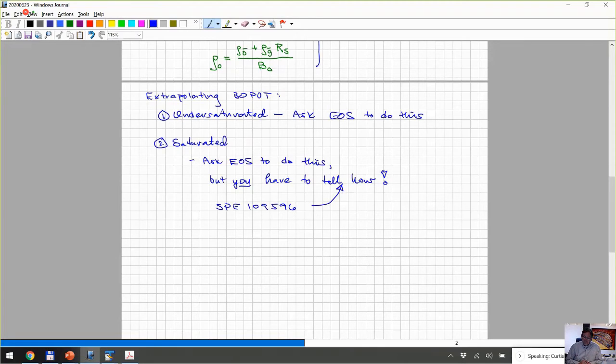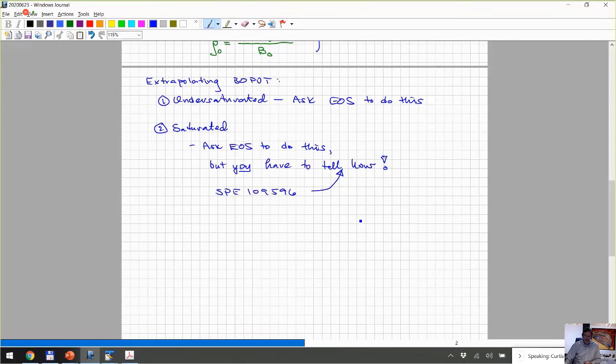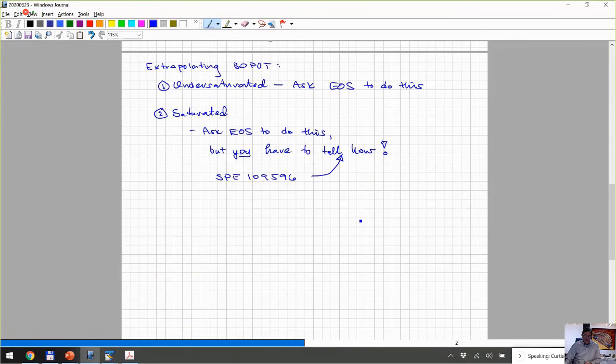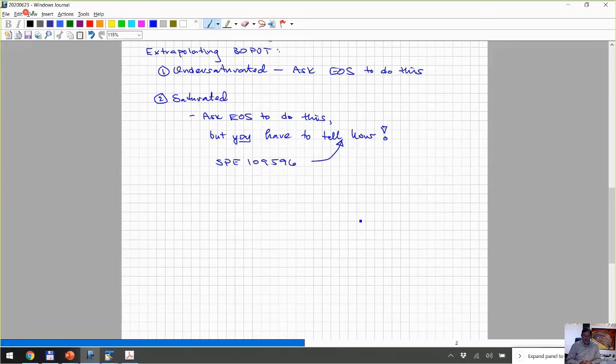Okay. So now, not all the PVT packages will easily let you do the extrapolation of the saturated properties. So yeah, it's a big topic, so I'll just direct you there.